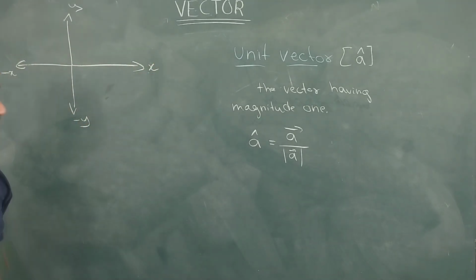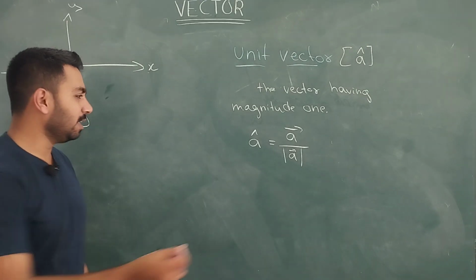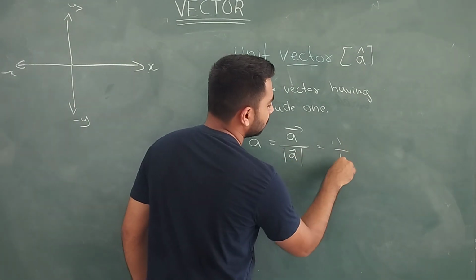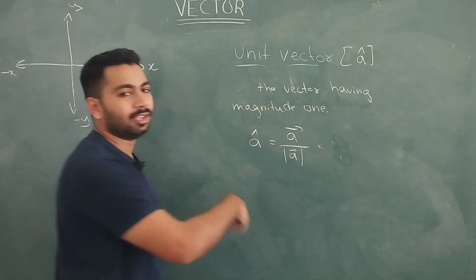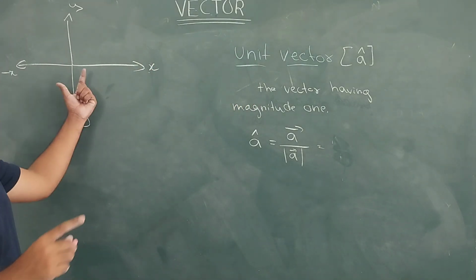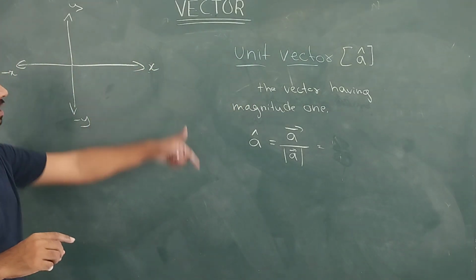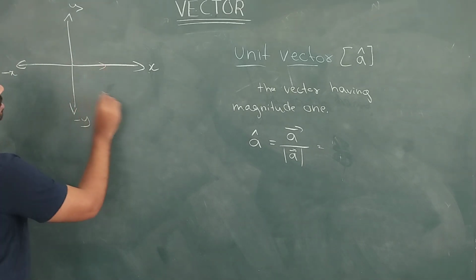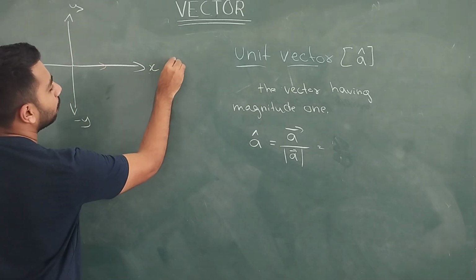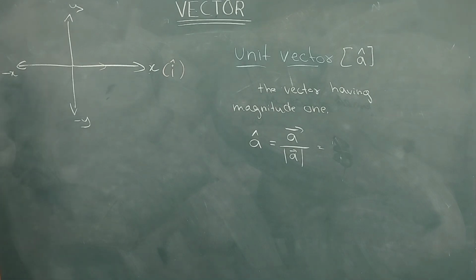Now in this direction, unit vector means very simple. This will be 1, this will be 1. Unit vector, unit will become only 1. So the unit vector of the x direction, we call it i cap.